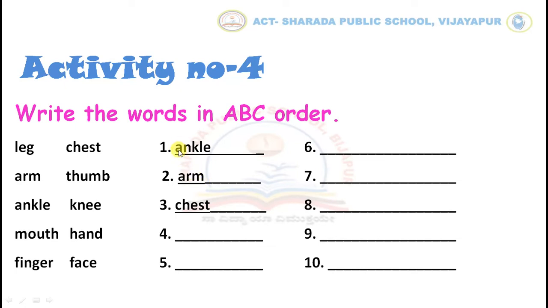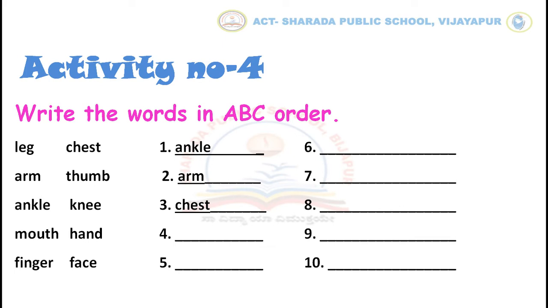Because A is the first letter and N comes before R. So, that is the reason I have written ankle first and arm second. In the same way, you have to complete this activity.